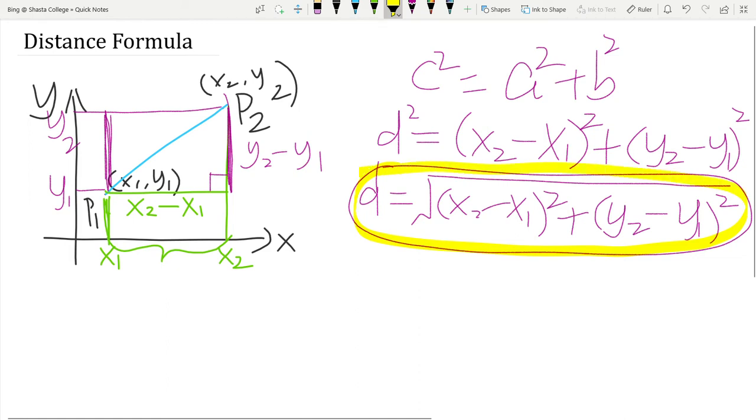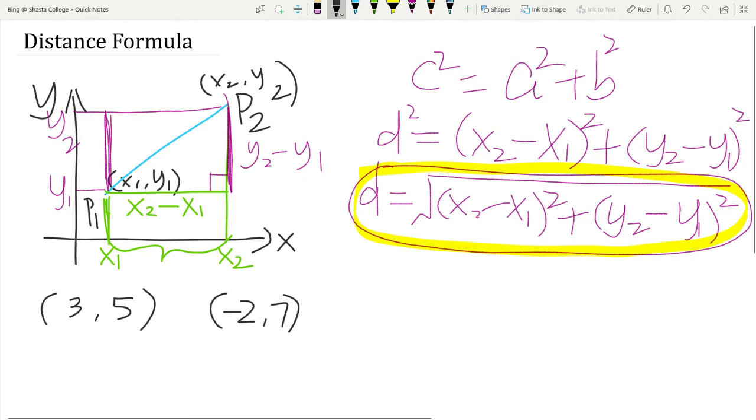Okay, now an example. Say we have 2 points on the coordinate plane. One is 3, 5, and the other is -2, 7, for example. And I want to find the distance between these 2 points.